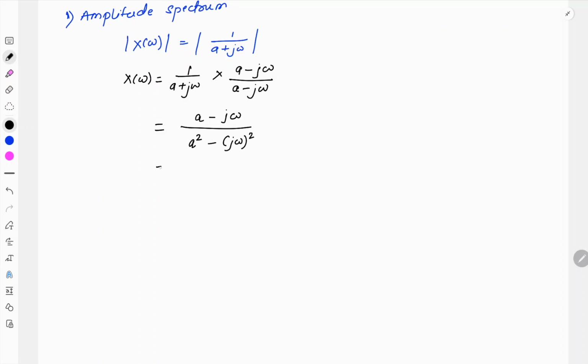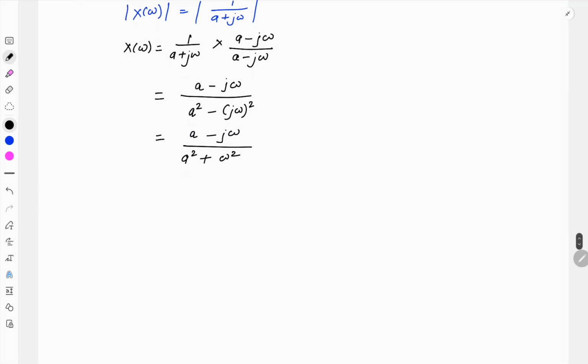So if we simplify it, we get the term as a minus j omega divided by a square plus omega square, because j square is minus 1, so minus of minus becomes plus, so the denominator term becomes a square plus omega square. And now we can represent this term in real and imaginary parts. So our X of omega is equal to, real term becomes a upon a square plus omega square, minus j into omega upon a square plus omega square.